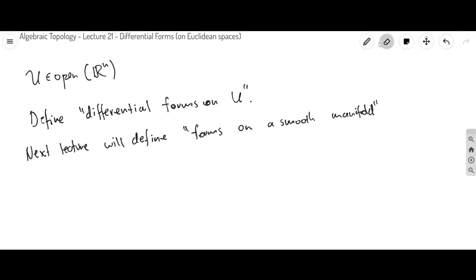The idea is that a smooth manifold is, by definition, made out of charts. And those charts are defined on Euclidean spaces. So you bring everything back to Euclidean spaces, and this current lecture will then be used to define the follow-up lecture. But today we're just going to talk about Euclidean spaces.